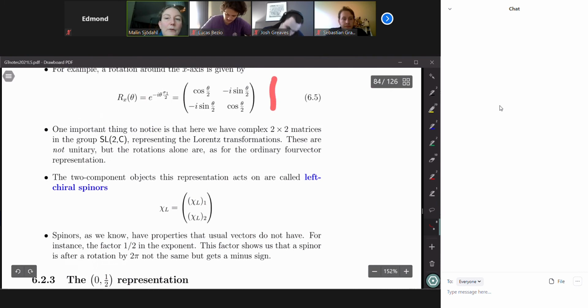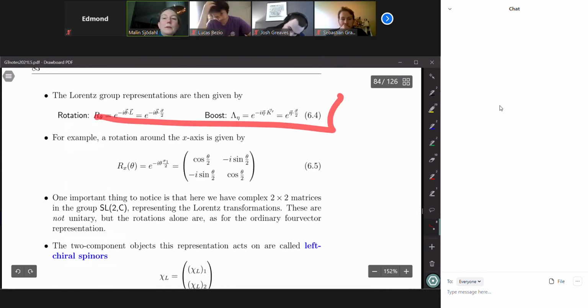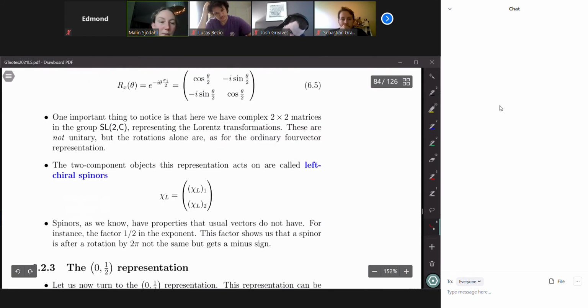This is of course a 2 by 2 matrix, and it is acting on a 2-component object. The object we call chi, and we call it chi-L, as in left. So chi-L consists of 2 components, and it transforms with this rotation matrix, and generally with these boost and rotation matrices.